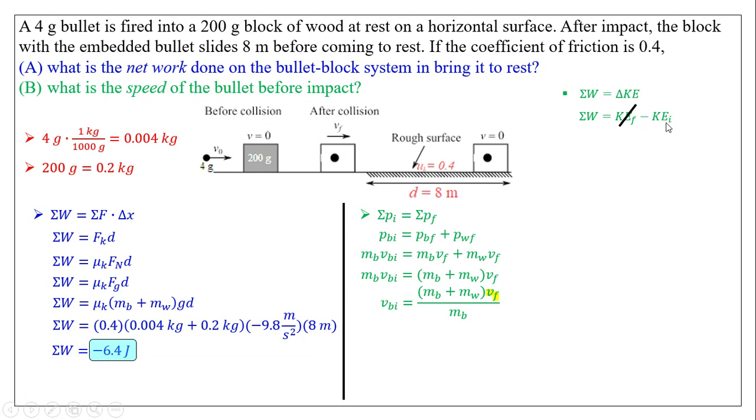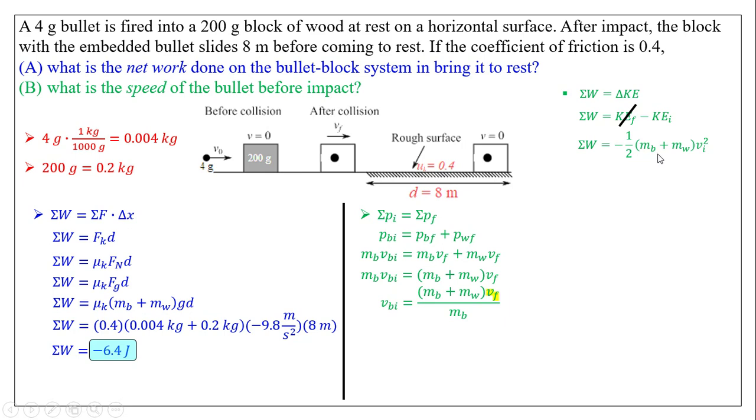So what I can do is I can find how much energy was there before it enters this rough segment, if I know this VI was really the VF after the collision. Okay. So I'm just going to break it down, KEI. I'm just going to carry that negative sign down. KEI is just 1/2, but notice here it would just be the mass of the block and bullet together. Okay.